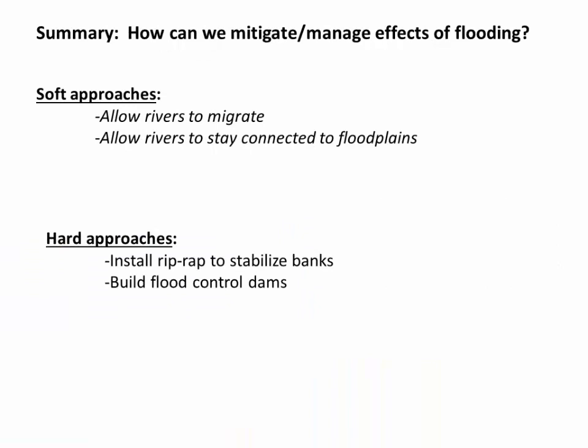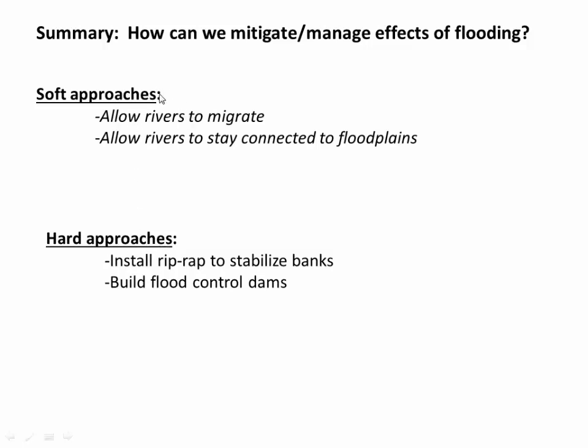So in summary, how can we mitigate or manage the effects of flooding on human infrastructure? Well, we can really divide these into two approaches or two camps. One that might be soft approaches that often are favored by geomorphologists and might have better results in the long term. And then we can think of hard approaches that might often be favored by civil engineers or town select boards.